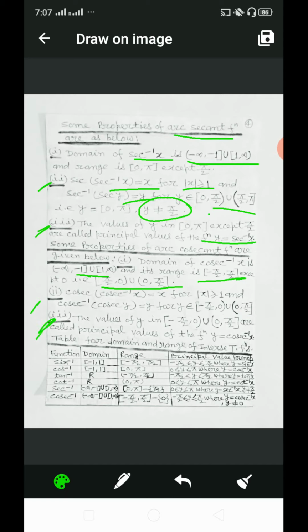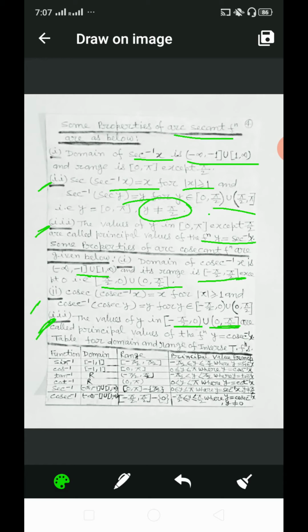The values of y in the right half open interval minus pi by 2 to 0 union the left half open interval 0 to pi by 2 are called the principal values of the function y equal to cosec inverse x.